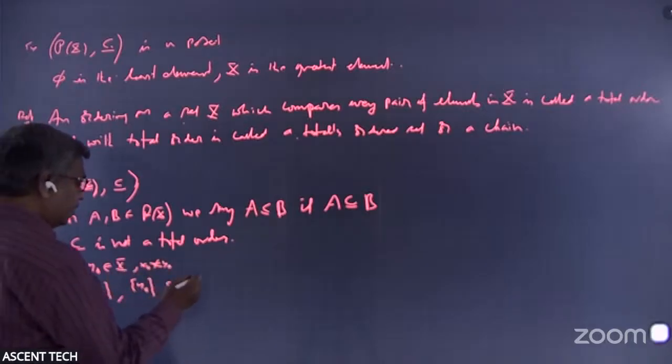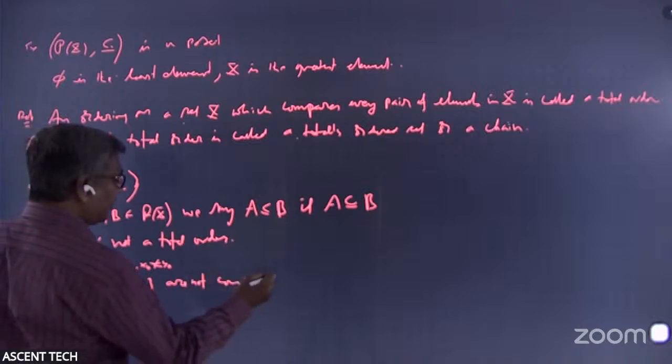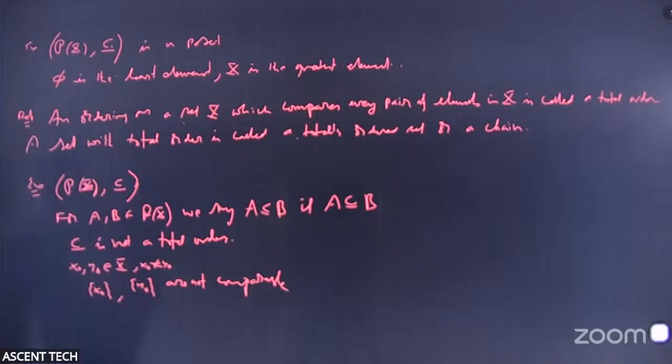Of course, you can have chains in the power set of X. You can have a whole sequence of subsets where every two of them are comparable. You can create a chain, a totally ordered subset of the power set of X, but the power set of X as such is not a totally ordered set.